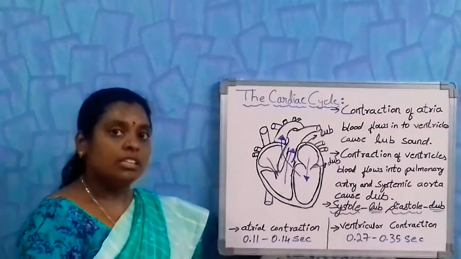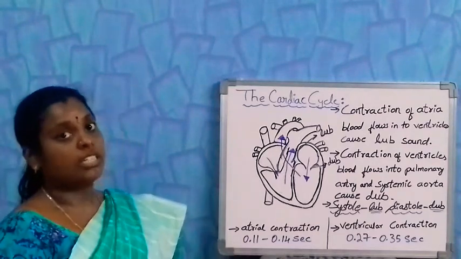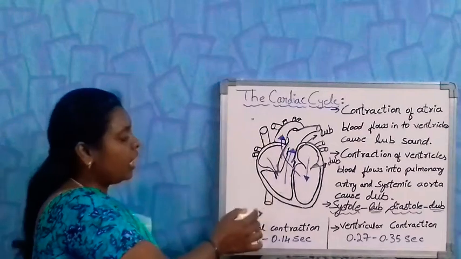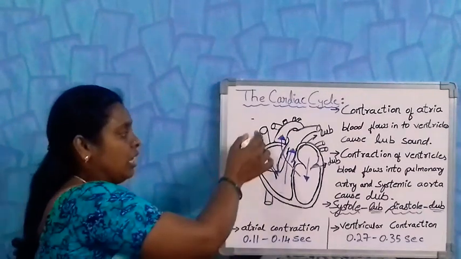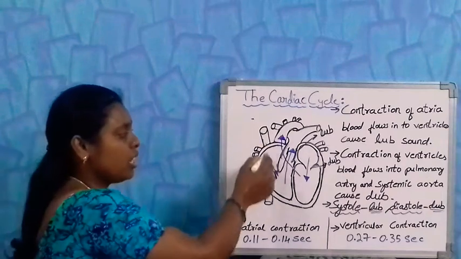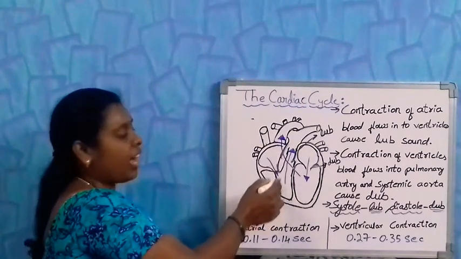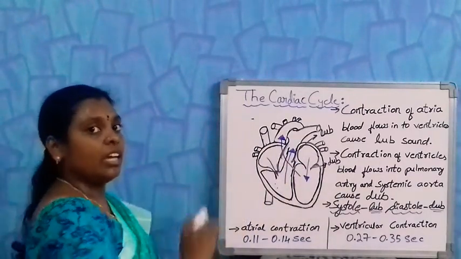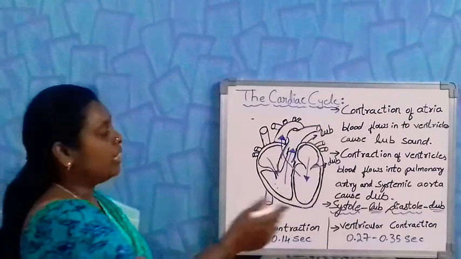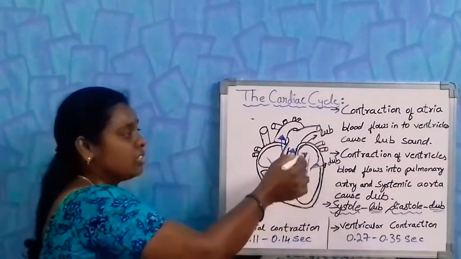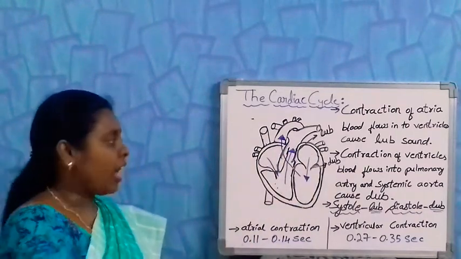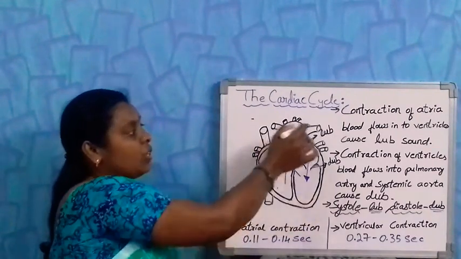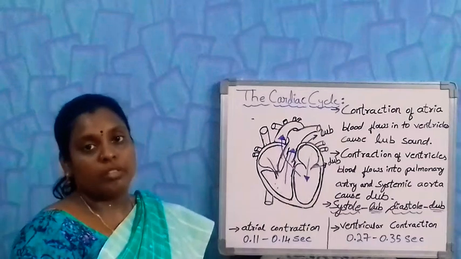So during the pumping of the heart, the deoxygenated blood enters through the inferior and superior vena cava into the right atrium and enters into the right ventricle, and through the pulmonary artery it is supplied to the lungs, and from the pulmonary vein it enters into the left atrium, and from the left atrium it enters into the left ventricle, and through the systemic aorta it is supplied throughout the body.